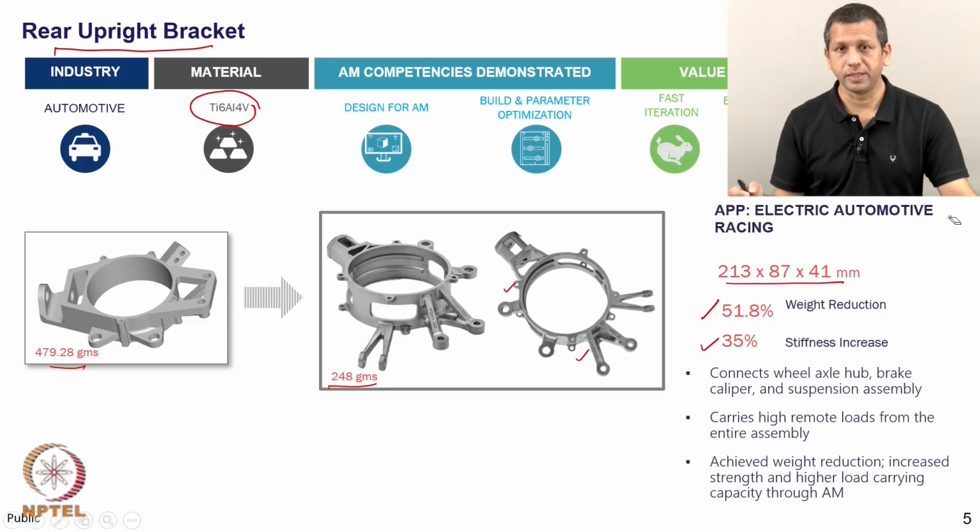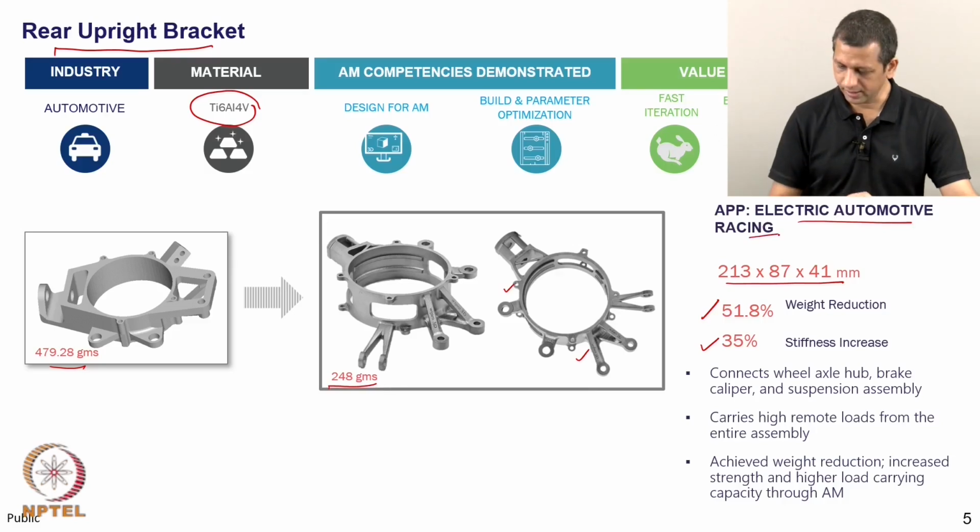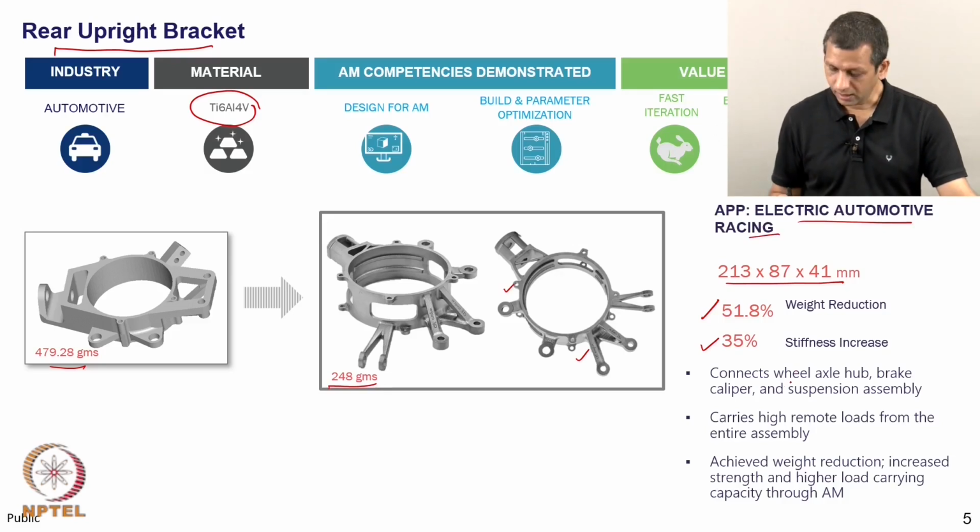This component, as mentioned earlier, is used in electric automotive racing vehicles, and it connects the wheel axle hub with the brake calipers and also with the suspension assembly. Thus, as you can intuitively realize now, it carries high loads from the rest of the assembly.